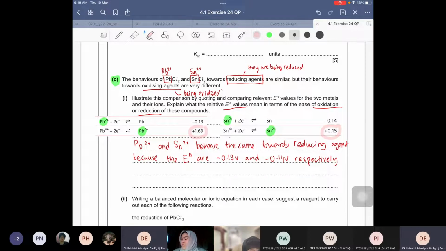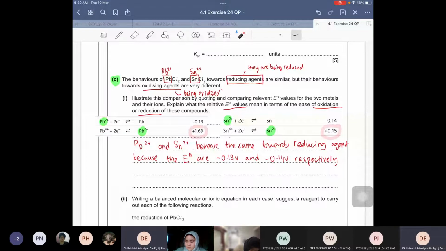That means their ease of oxidation. Okay, so you can see that Pb2 plus going to Pb4 plus, that is an oxidation process. Sn2 plus going to Sn4 plus, that is also an oxidation process. And the number is very different, 1.69 and 0.15.